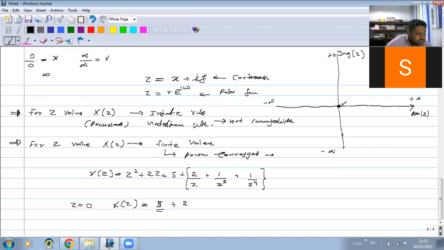If you get 2 by z, that means 2 by 0 here, and here also you get 1 by 0, and here you also get 1 by 0. If you divide some number by 0, what is the value? It is infinity.